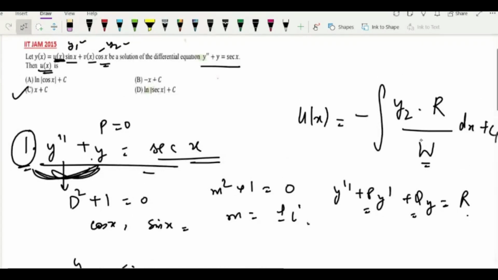We have x plus c as the solution. So this is a very simple question, and in a very short time we get to know that the method of variation of parameters will be used here by only looking at the CF part. Now moving towards the next question.